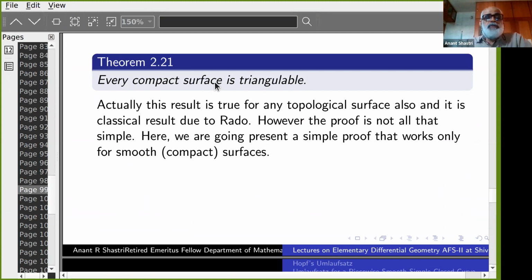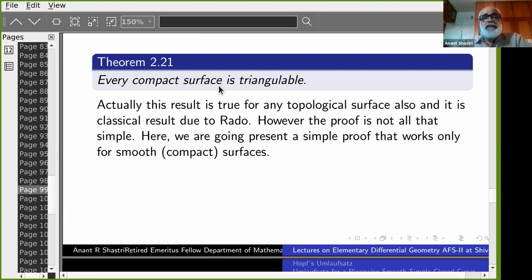In fact, even if you delete compactness, it is still true, but that is very hard to prove. Moreover, in this statement, I have not assumed that the surface is a smooth surface, nor that it lies in R3.